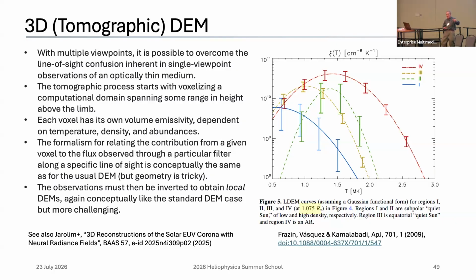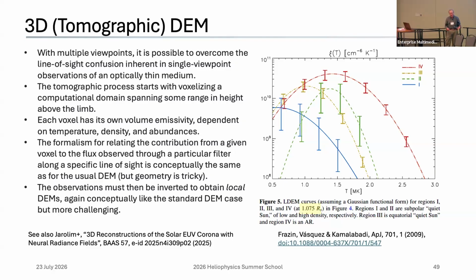You want it three-dimensional. Well, you can imagine, you cannot do that with one line of sight, right? Because you can't take it apart. If you have multiple lines of sight intersecting that column in different directions, then maybe you can take that apart. The answer is it can and has been done.